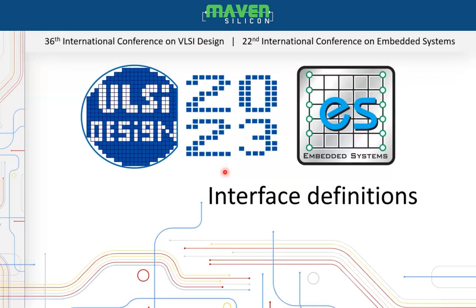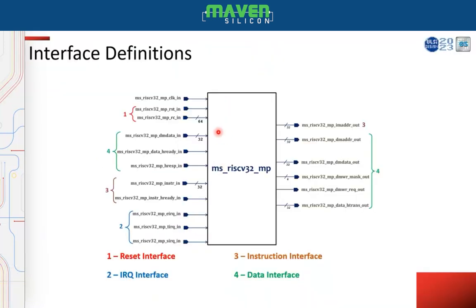Now let me show you the interface definitions. As I have shown you earlier, this is our RISC-V top module definition, which contains a number of inputs and outputs. Since our test bench architecture contains 4 different agents and each agent works with a dedicated interface, altogether we need to define 4 interfaces.